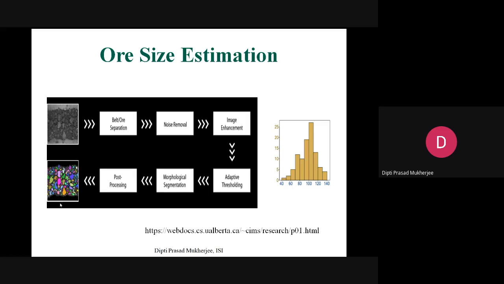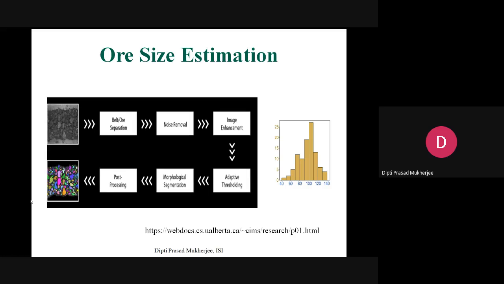If you see the image just at the bottom of that, you will see large colorful pieces. That's the output of the segmentation. We could segment the pieces, and by looking at these pieces, you can find out the area of these segments, and then you can have a distribution of these pieces.